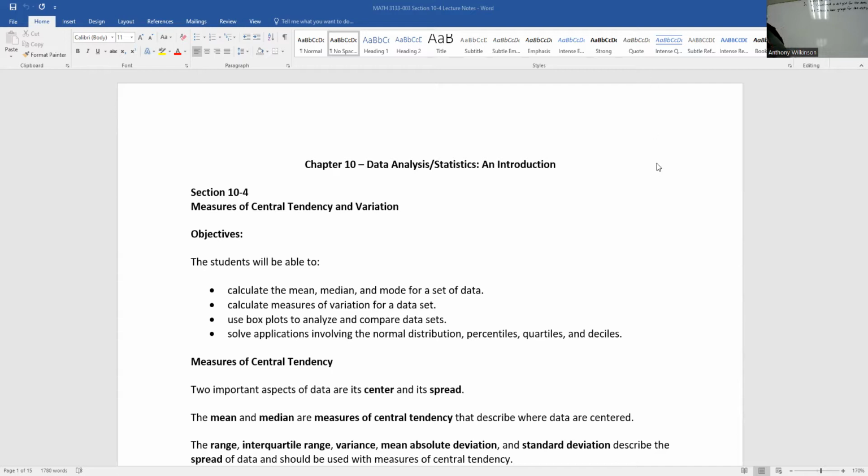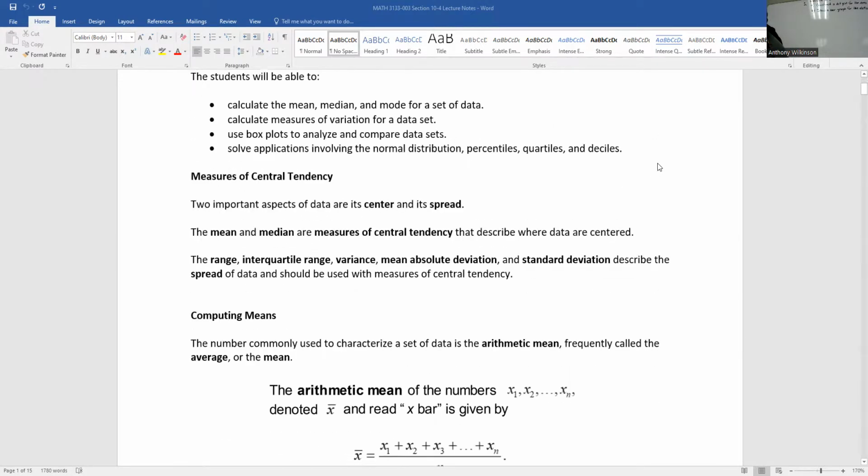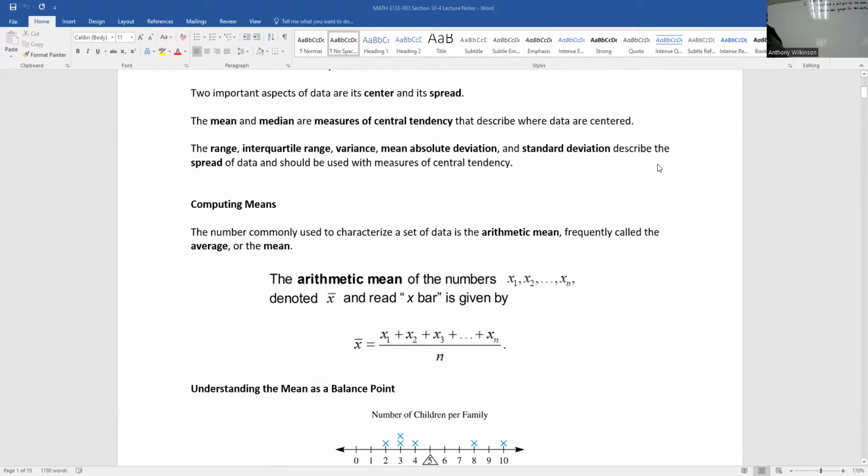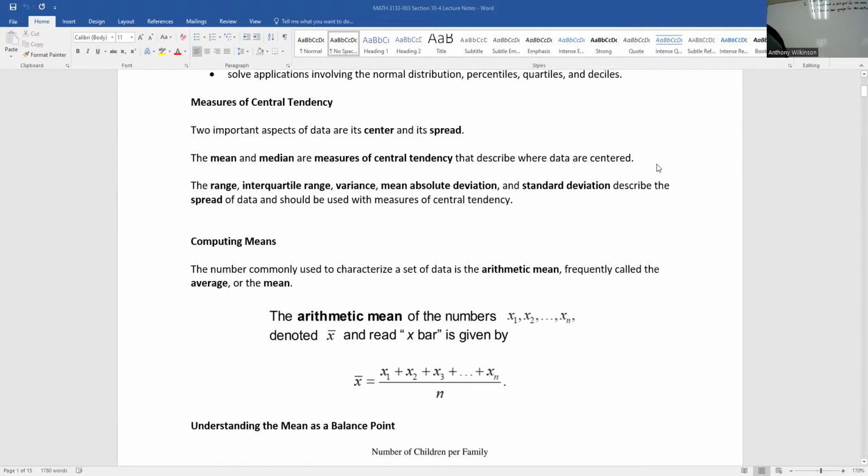All right, so we'll start off with measures of central tendency. Now, when we're dealing with measures of central tendency, we're going to be dealing with the mean, the median, and the mode. Now, in statistics, there are 2 important aspects of data. That is the center, where the data is centered at, and how the data is spread or dispersed.